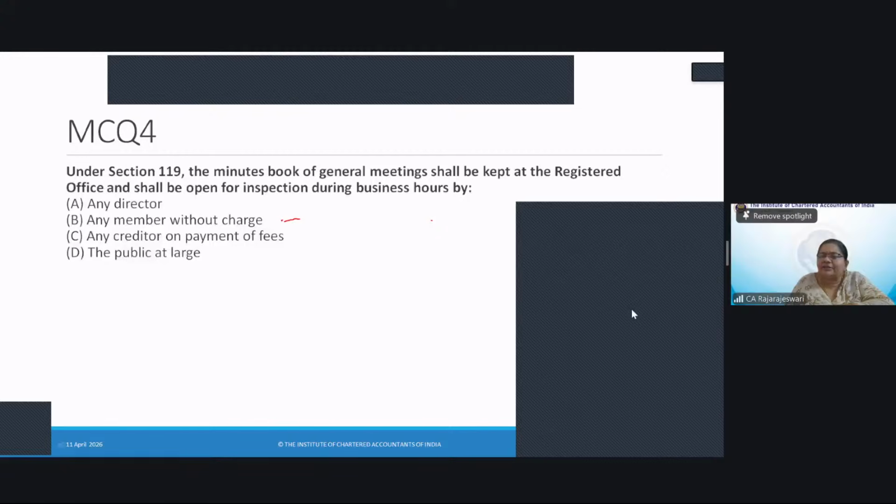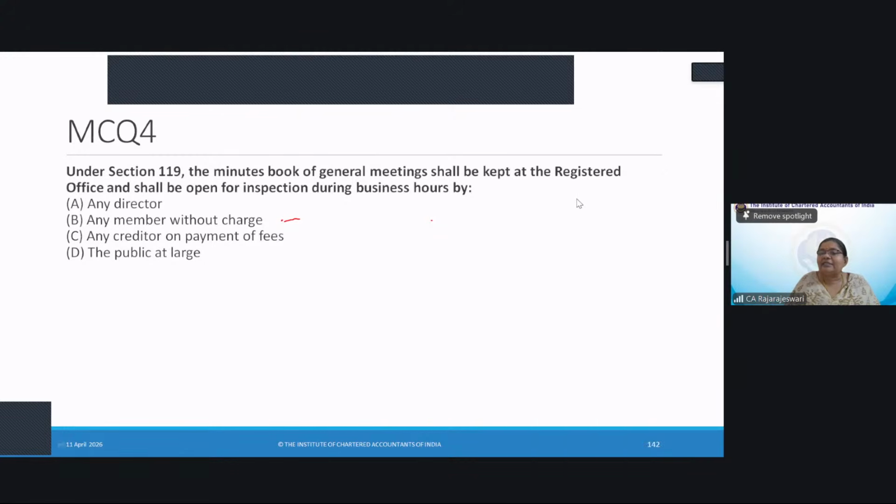No, public cannot do it. See, public means even a non-member will come and inspect. That's not possible. Minutes, I'm saying. It is transparent. Any third person can do it, but not about minutes.